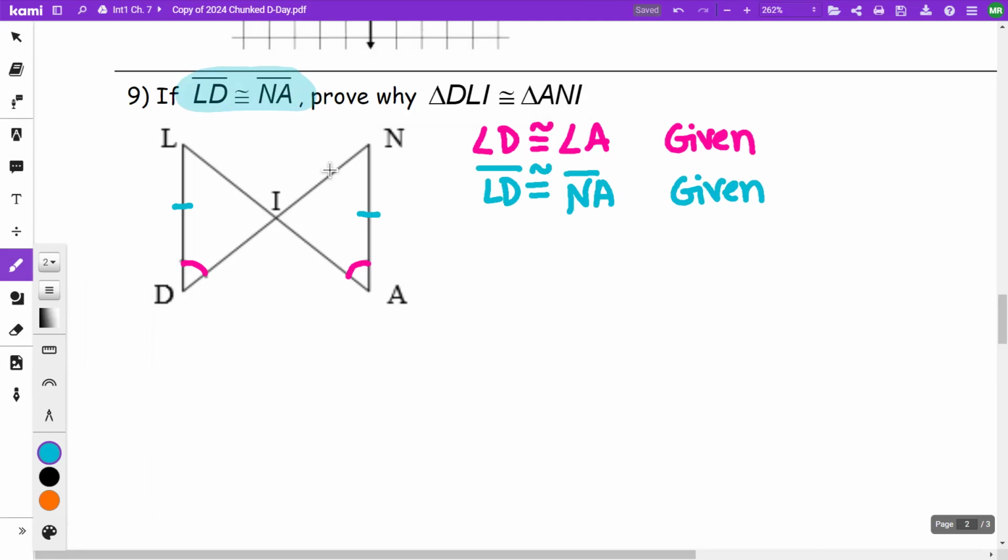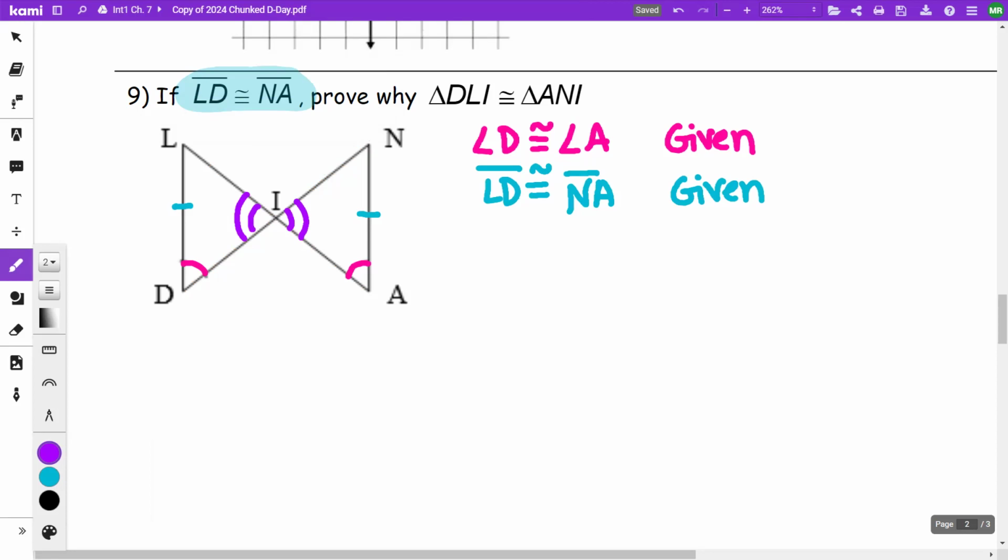At this point, I don't have enough information, but I do notice that I have 2 lines intersecting. I'm going to end up with 2 vertical angles. Those 2 vertical angles right there are going to be congruent.